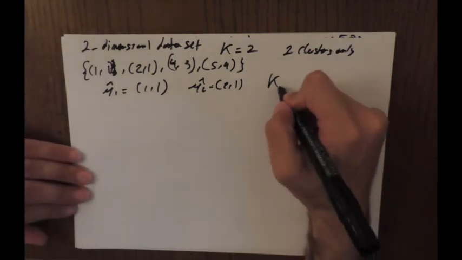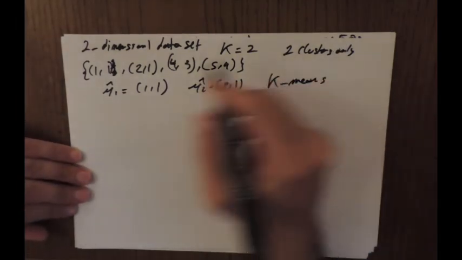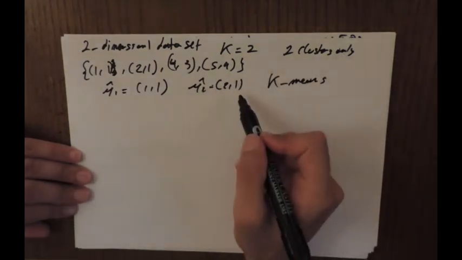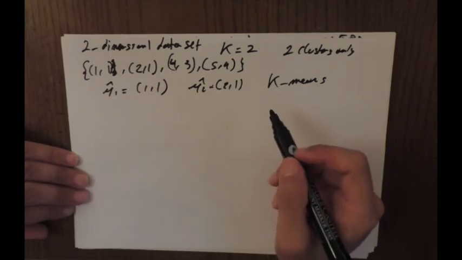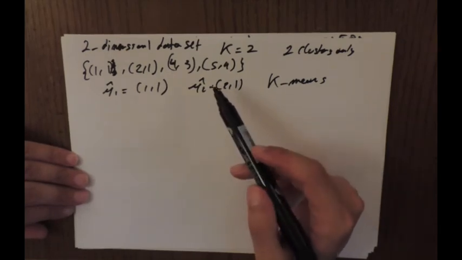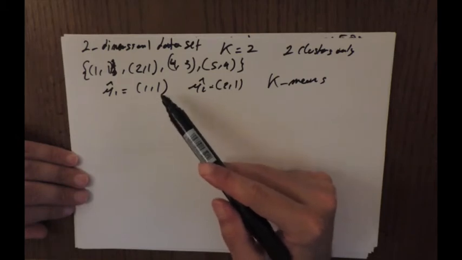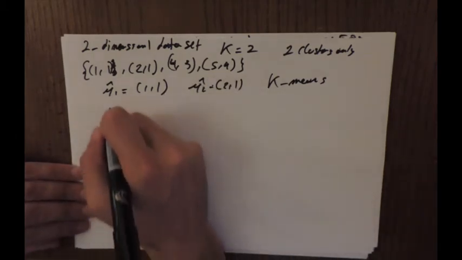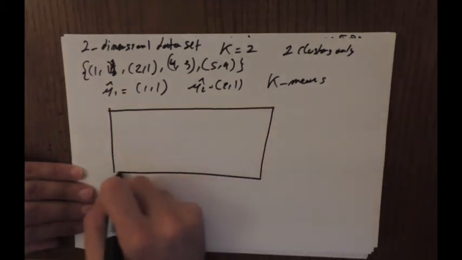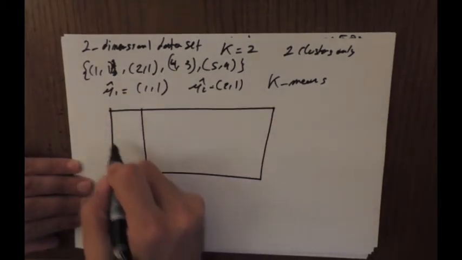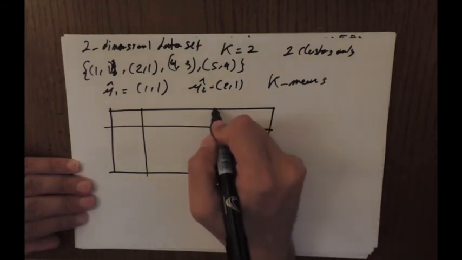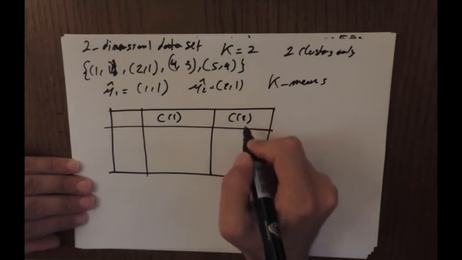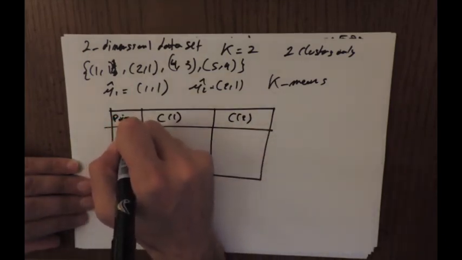So with k-means, I have a set of points, I have a number of clusters, and I chose 2 means from the points. These means will change. So I need to identify which points belong to which cluster. I can draw a table here: this is cluster 1, this is cluster 2, and these are the points.